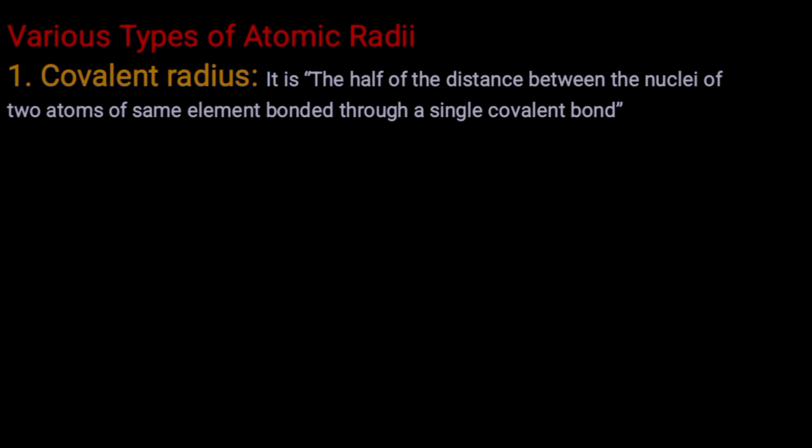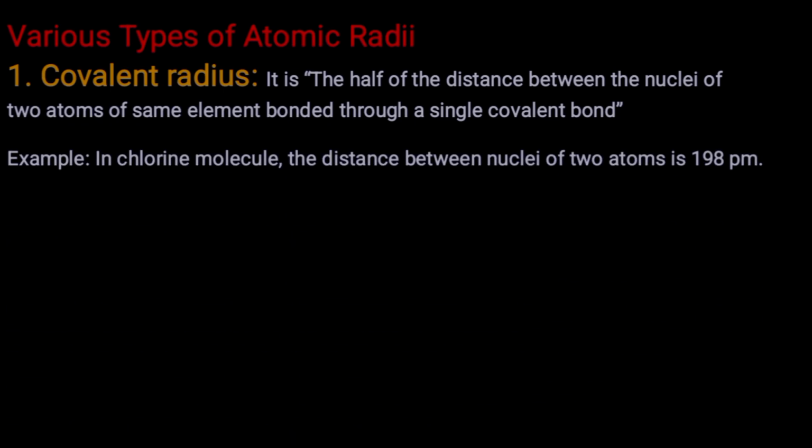Covalent radius is half of the distance between the nuclei of two atoms of the same element bonded through a single covalent bond. If you take a chlorine molecule, the distance between the two nuclei of the two chlorine atoms is 198 picometers, so half of 198, which is 99 picometers, will be the covalent radius of chlorine.